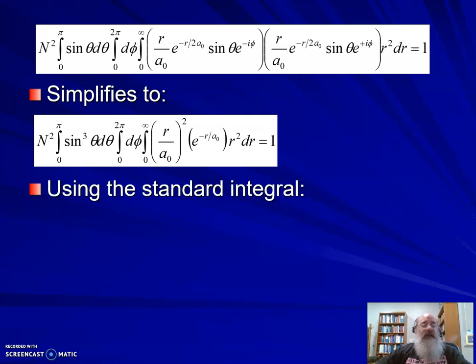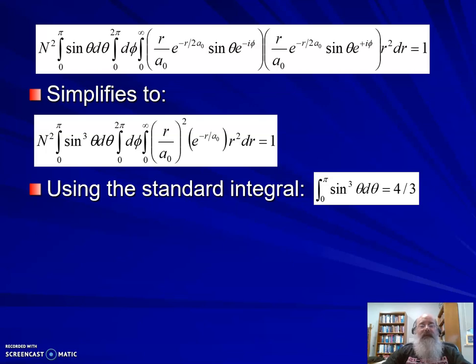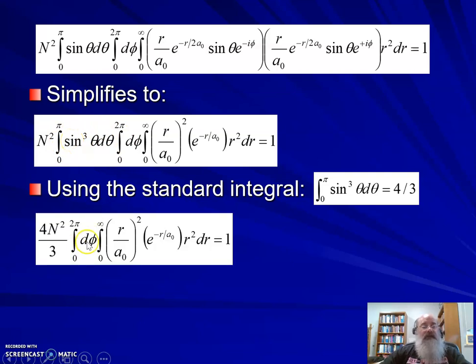Now, one of the standard integrals I would give you if you were working this problem is one that pops up very often in mathematics textbooks. It's on the standard integral list on Wikipedia. The integral from 0 to pi of sine cubed is just 4/3. So we can substitute in 4/3 for this portion. Now the next thing we'll notice is that the integral of d phi is just phi. Substituting in these integration limits, 2 pi and 0, we just get 2 pi.